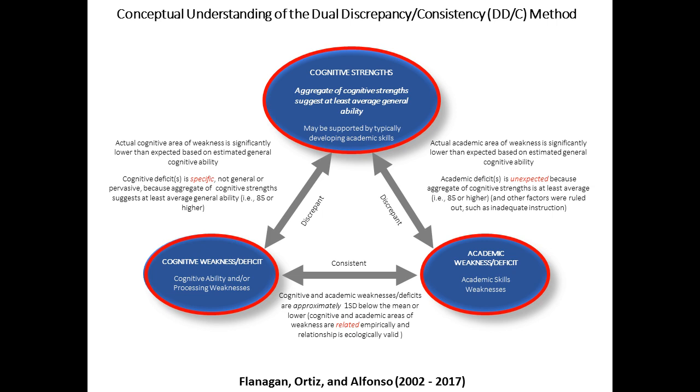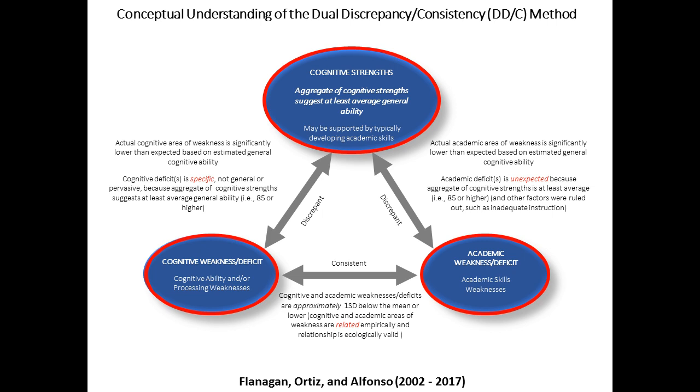The reason it's at the conceptual level is because there are different models, and all models are operationalized differently. Some define cognitive weakness differently than others. Some define academic weakness differently than others. Some define discrepancy differently than others. What is a cognitive strength in the context of specific learning disabilities? Which cognitive areas? How many?